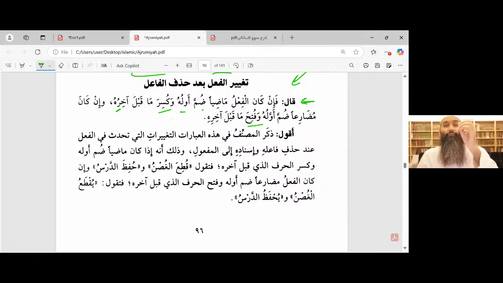The fi'l for na'ibul fa'il, whether it is madi or mudari', the first harf is madmoom, dhamm on it, for both of them. Where is the difference between madi and mudari'? It is the second last harf. In madi it is maksur, in mudari' it's maftuh. We can look at the examples.